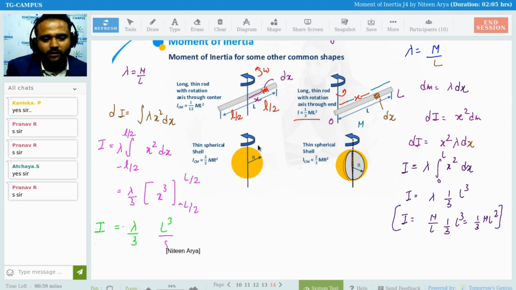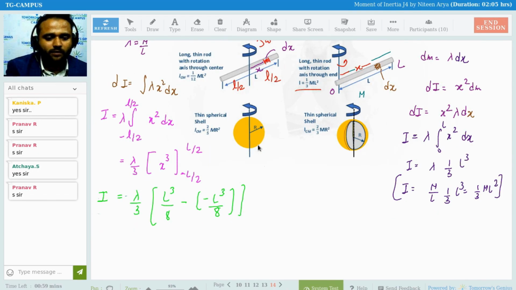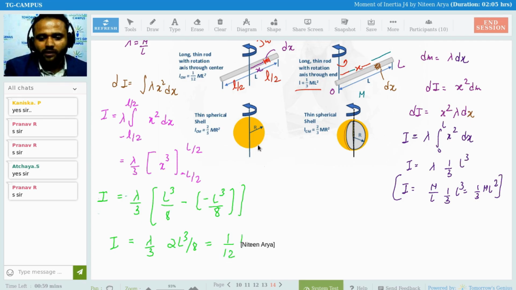L to the power 3 by 8 minus of negative L to the power 3 by 8, and that gives me lambda over L to the power 3 over 8, and then it gives me 1 upon 12. I can write now directly, because you know this, M L square.